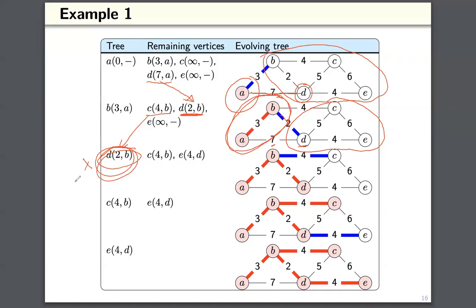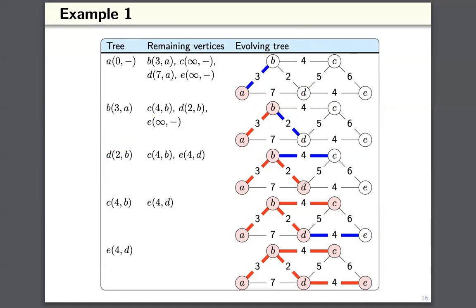So hence you need to make sure that whenever you pull in a vertex inside a tree, you need to update the distances of the other nodes. Okay. So that is the most complicated part. Once you update the distances, then it becomes easy. See, updating the distances is the most complicated part here.